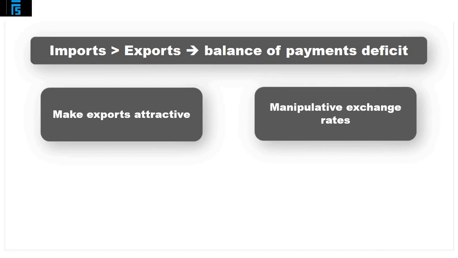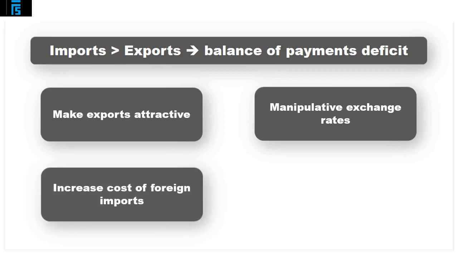Clearly, this will be helpful to companies trying to export their goods, however, it can equally increase the costs of firms who import raw materials. Governments could also try to artificially increase the cost of foreign imports by charging import duties or levies.